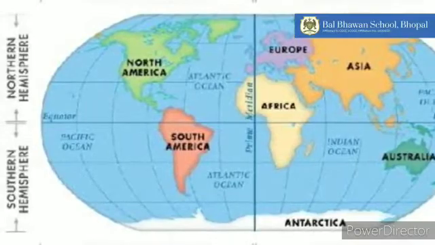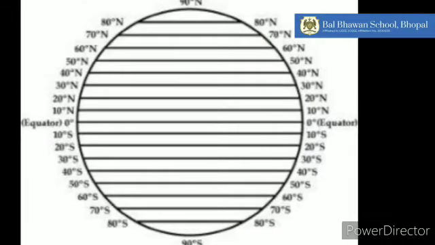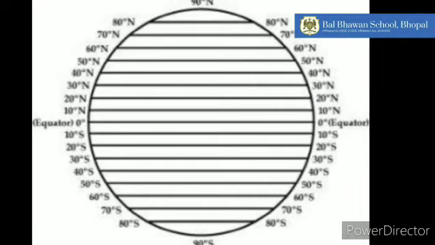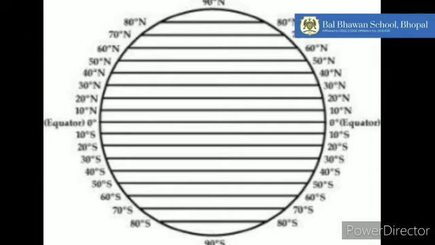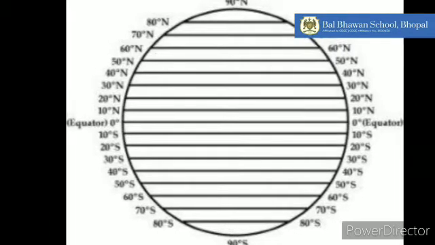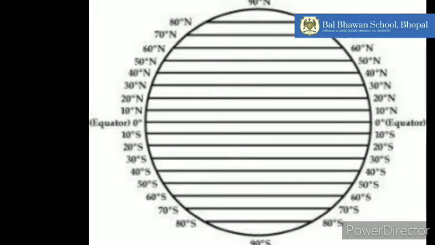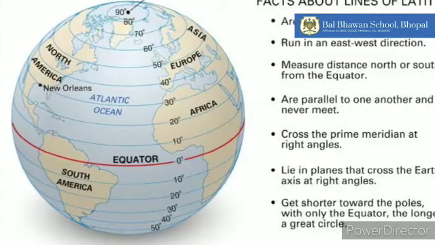Alright, let's move ahead. So when I say parallels, what comes to your mind? What type of lines are these? Well, parallels are the lines which do not touch, cross, or intersect each other.